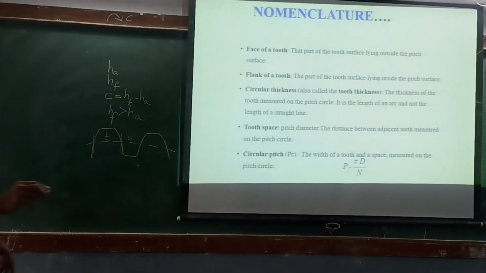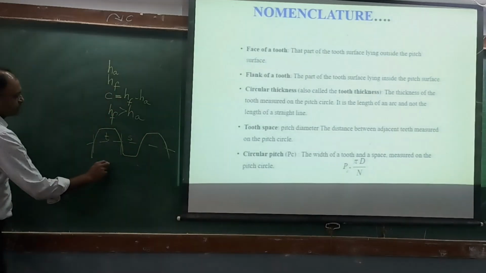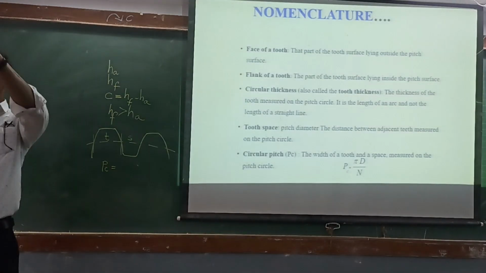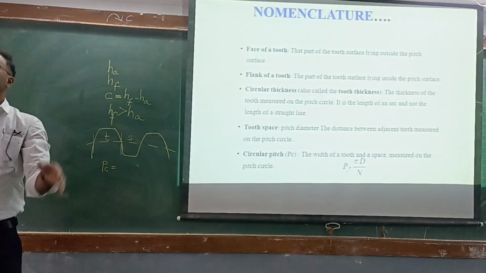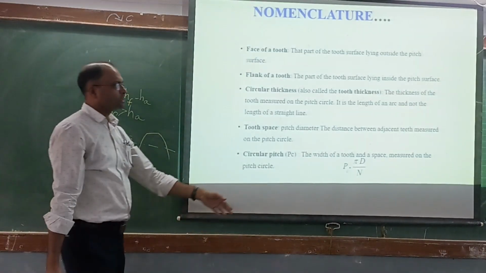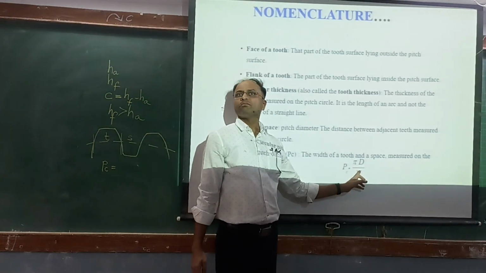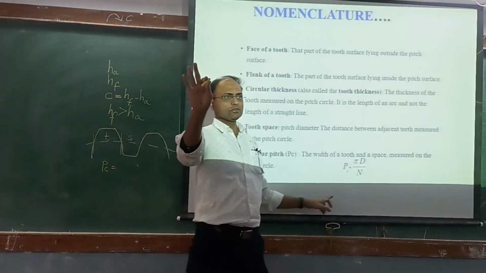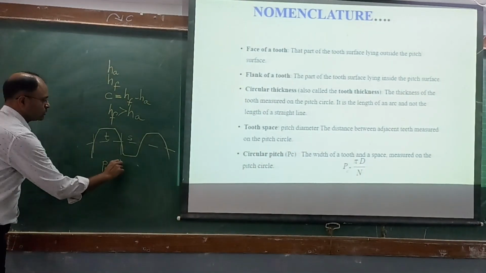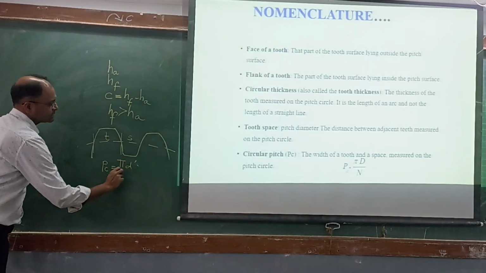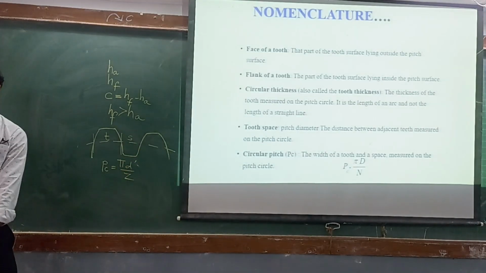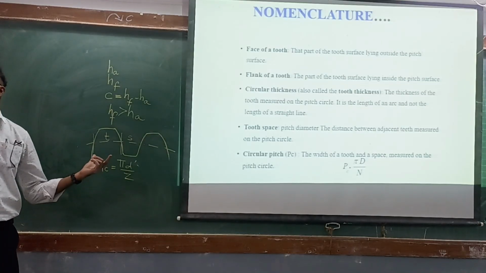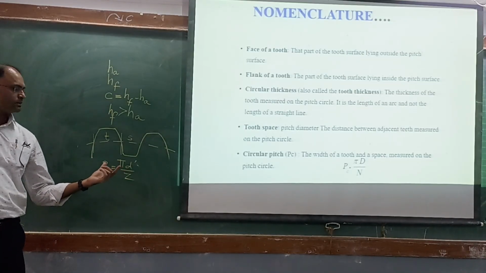Next line. So therefore PC, circular pitch, is equal to. Now how will you get that circular pitch? Because it is circle. So what is circumference of circle? Pi d. And what is this? Number of teeth. But don't use that notation. I am giving you another notation. Pi d dash upon z. Pi d dash मतलब क्या है? Circumference.